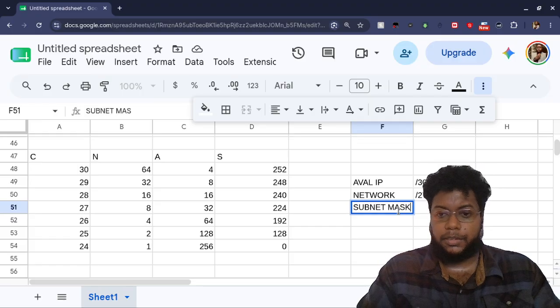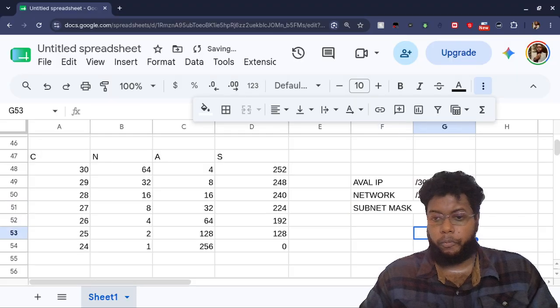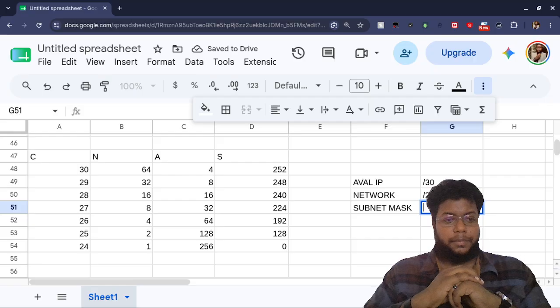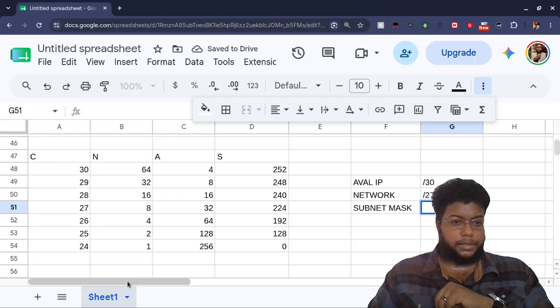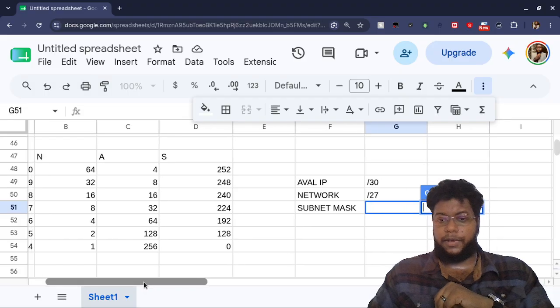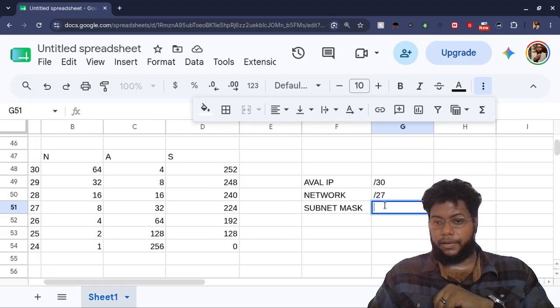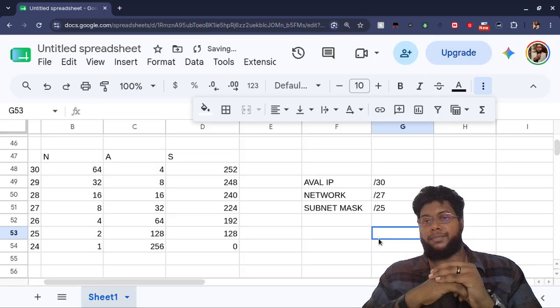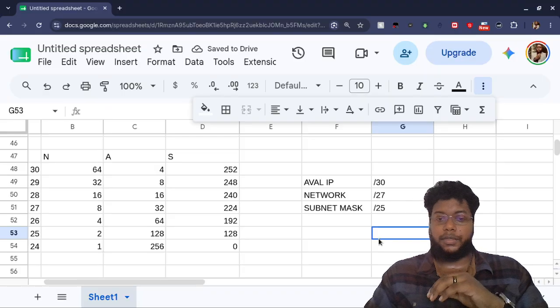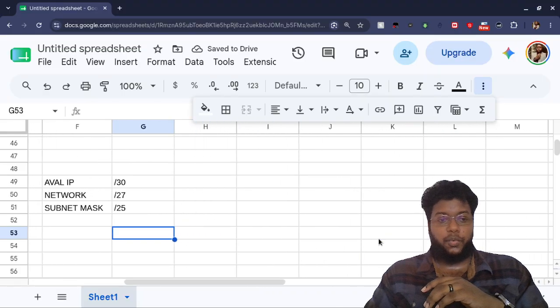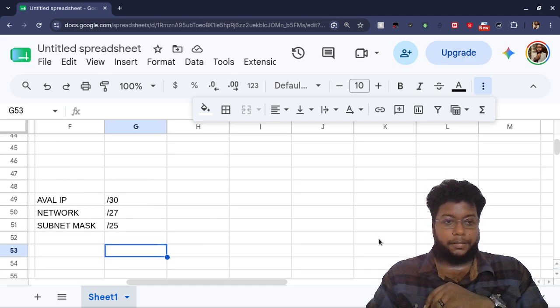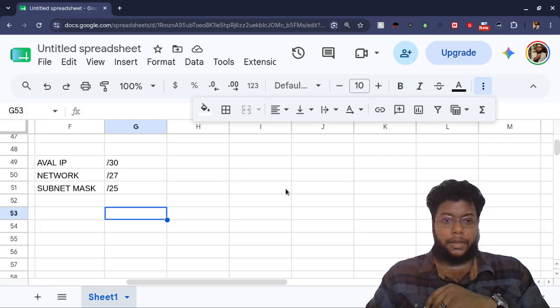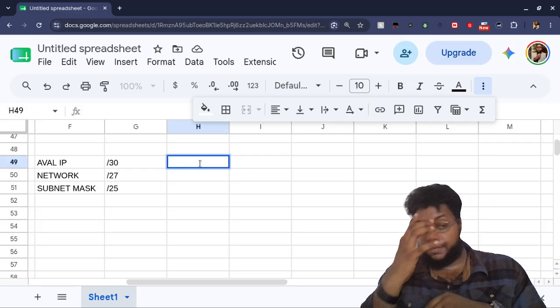I need to know what the subnet mask is for, let's say, slash 25, right? See what I'm saying? How do we do this? Let's move everything away. How do we figure this out?